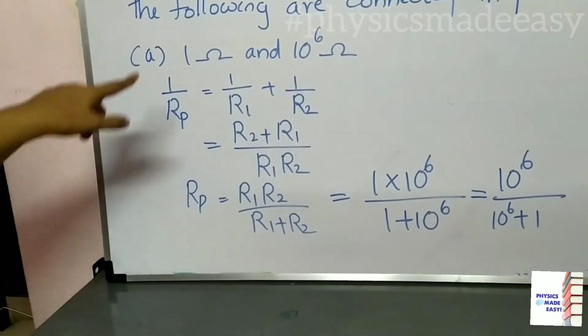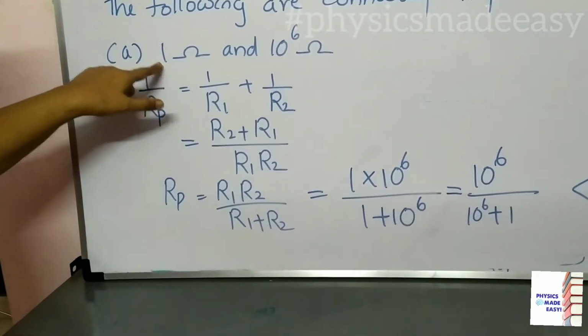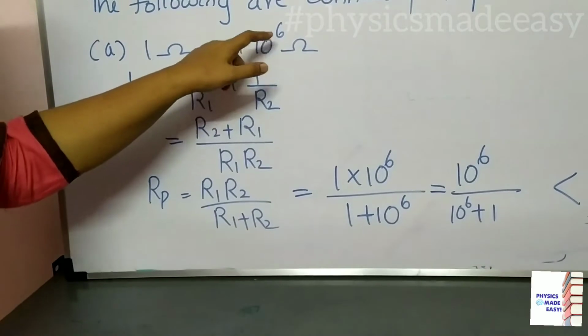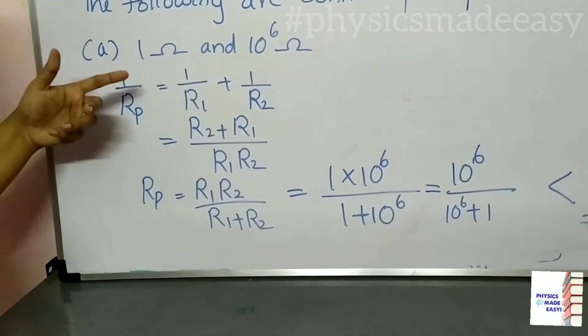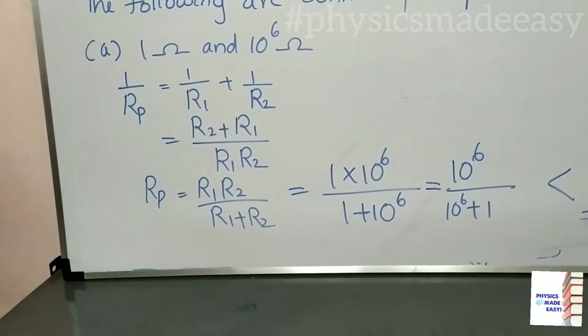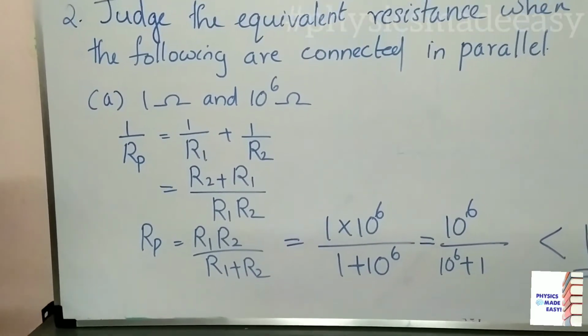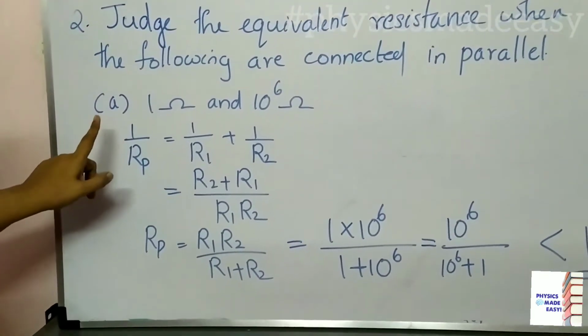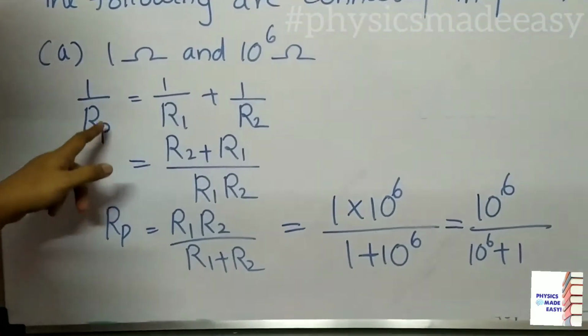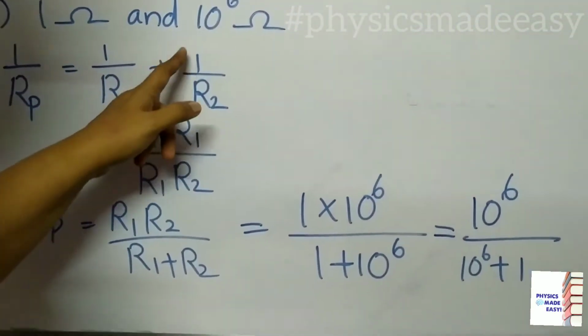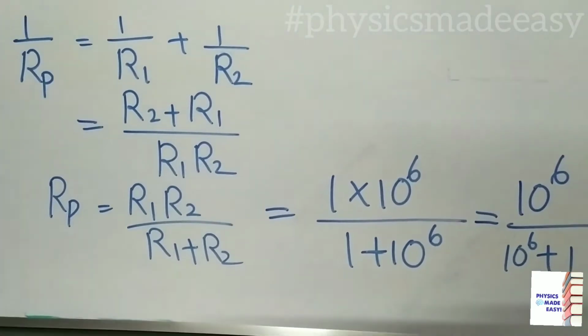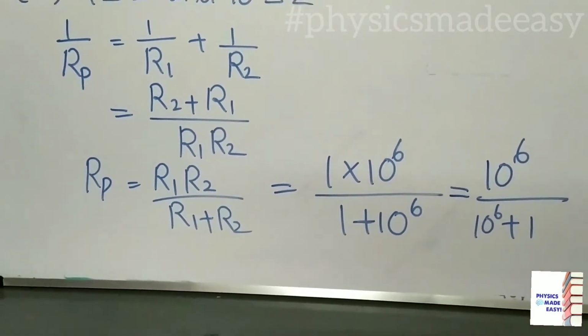So here you can say 1 is very much smaller than 10 raised to 6 ohm, and we can say the effective resistance will be less than 1 ohm. If you want to show that, you can use the equation 1 by Rp is equal to 1 by R1 plus 1 by R2. Here it is very difficult to find the LCM. So what to do here?